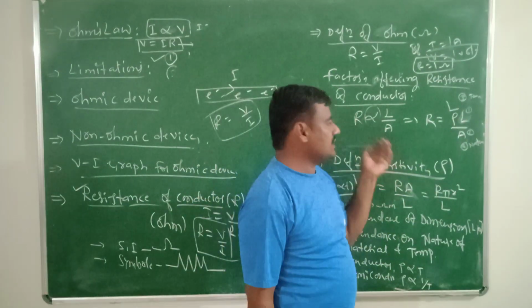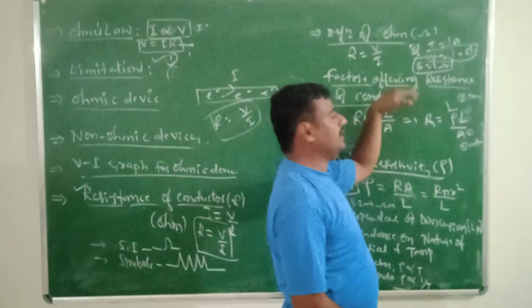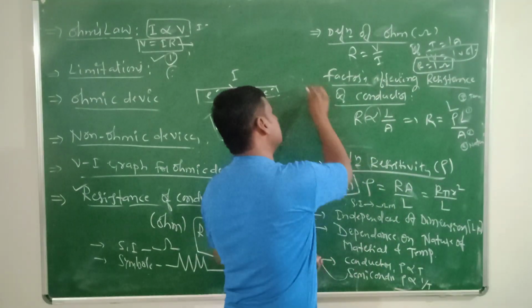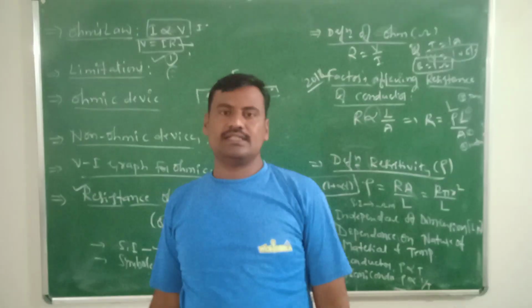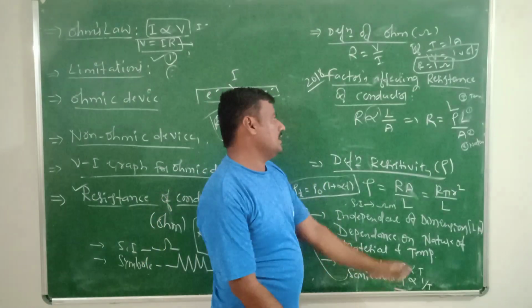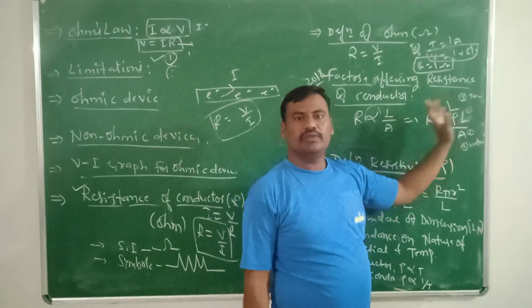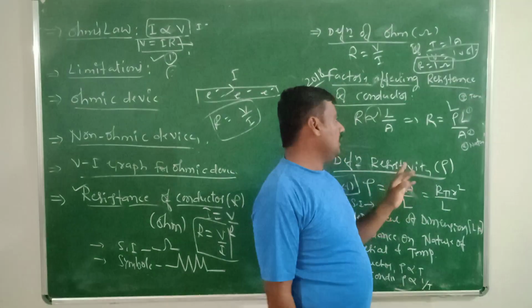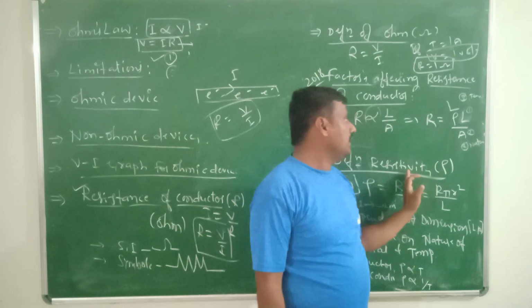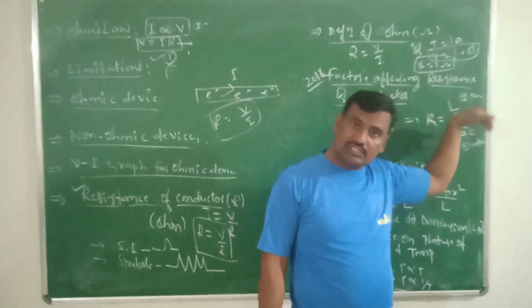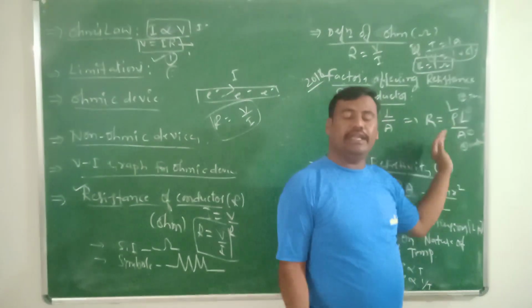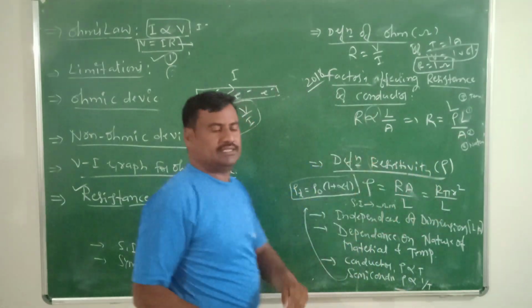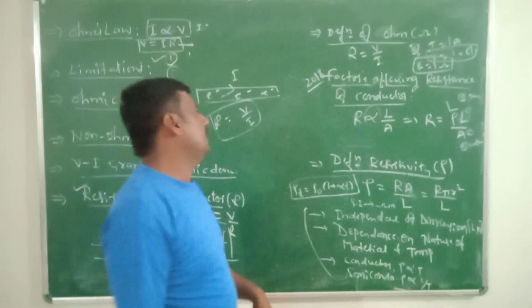Now we discuss the factors which affect the resistance of a conductor. In 2018 this question was asked. What are the factors affecting the resistance of a conductor? It depends upon the length of the conductor, the area of cross section of the conductor, the temperature of the metal, and the nature of the material of the conductor.